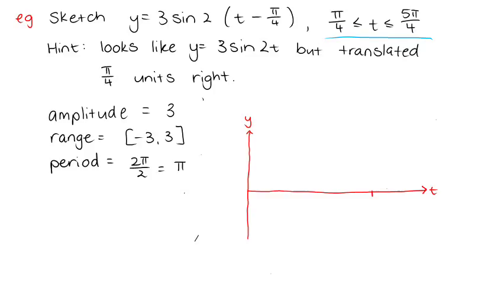So I'll do pi here, split that in half, half again, and then one extra one. So that one was pi. That's a half pi. That's a quarter pi. That's 3/4 pi, and that's 1 1/4 pi.